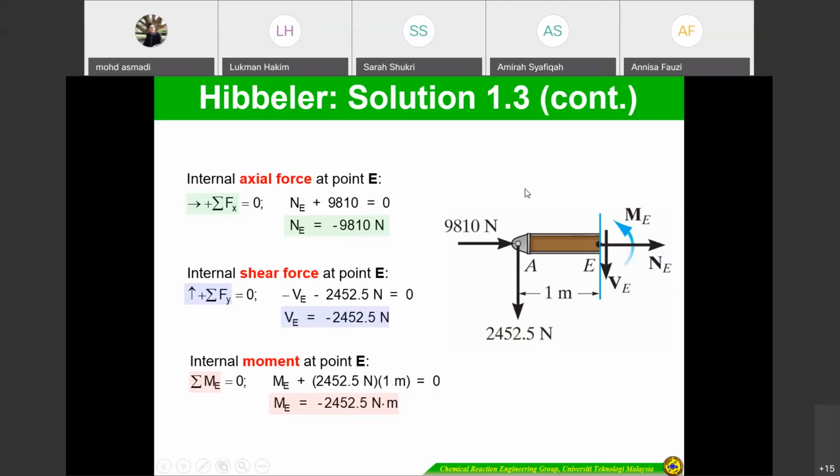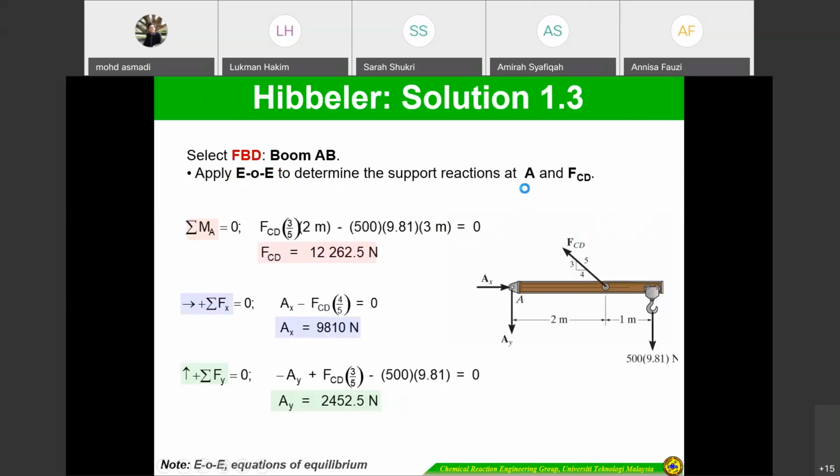For example, this one, right? I think it's possible. Sometimes we need to state the tension or compression.